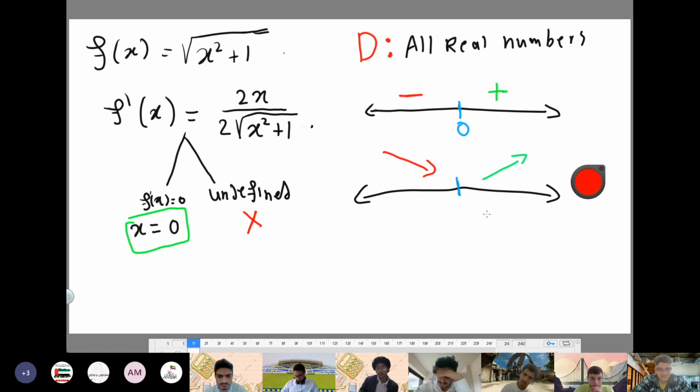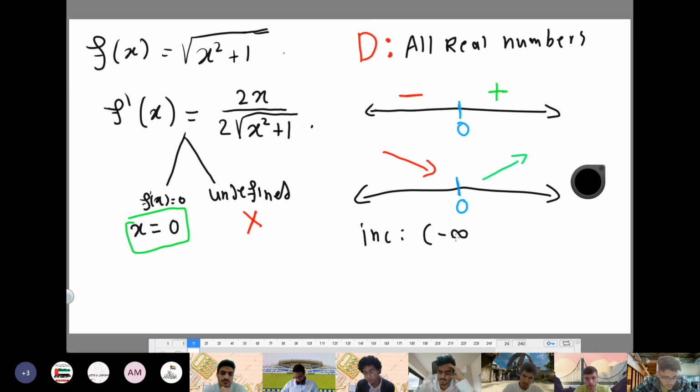Now we've assigned signs for the function. I'm sorry, I forgot to write 0 here. We found the intervals for decreasing and increasing, from negative infinity to 0.